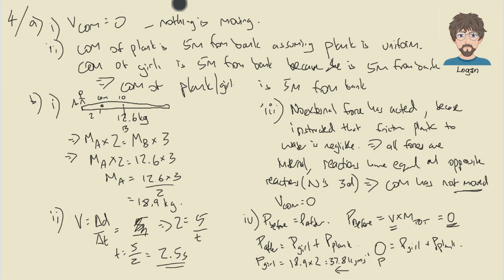And that means that the momentum of the plank is 37.8 to the right. And the velocity of the plank is 37.8 divided by 12.6, which is 3 meters per second to the right. Make it 3.0, two significant figures. And I reckon that'll be the answer.